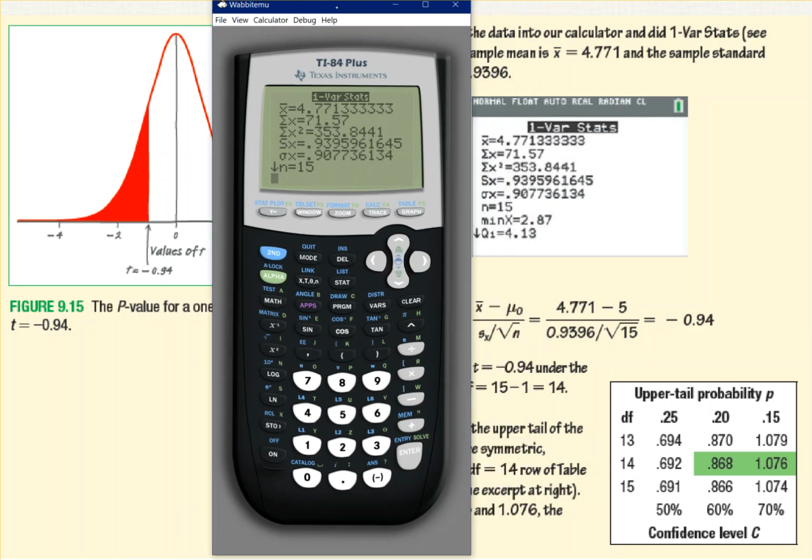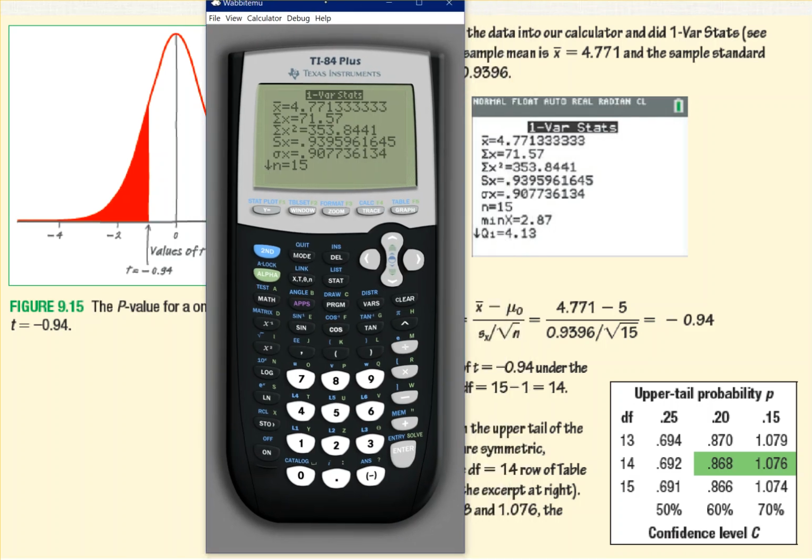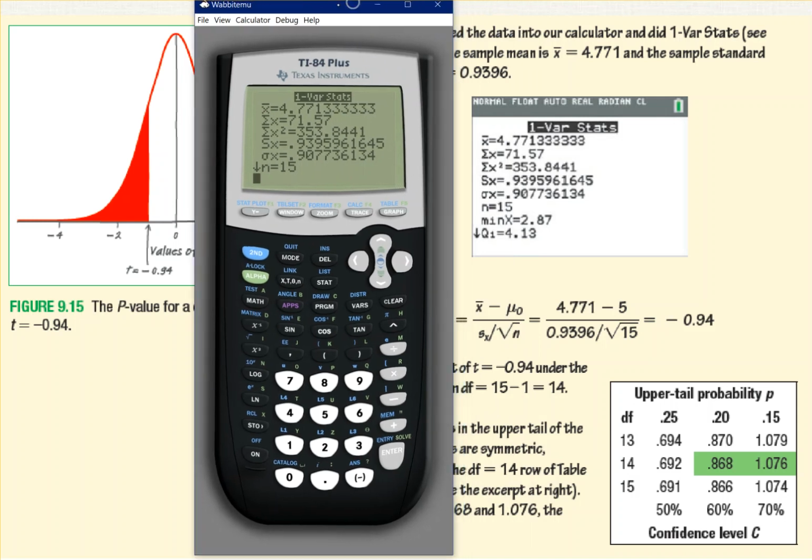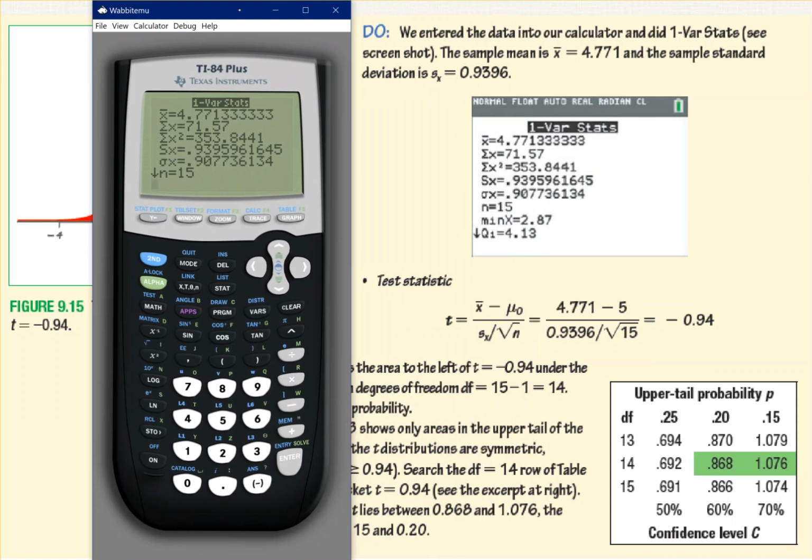So we get that screen right there. Looking at that, notice what we get for our sample standard deviation, 0.9395. I guess 0.9396 if I round properly. And then x bar was 4.771. And then we need mu now, which, as given, we assume is 5.